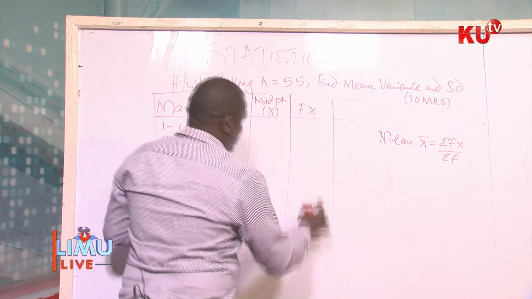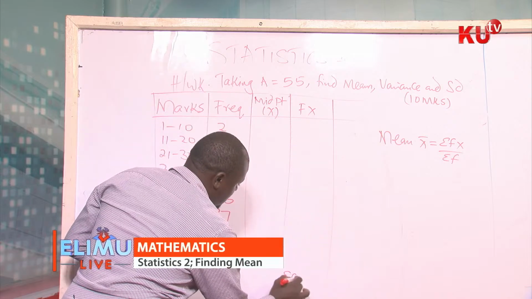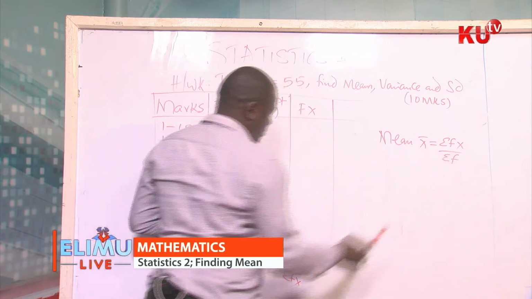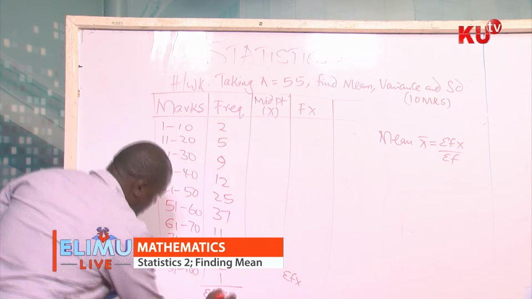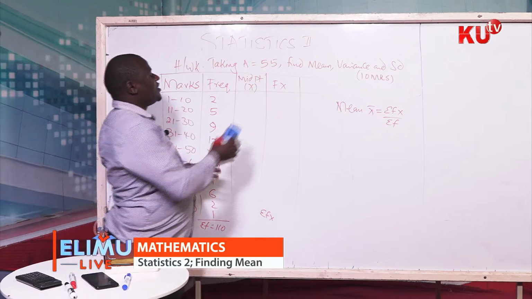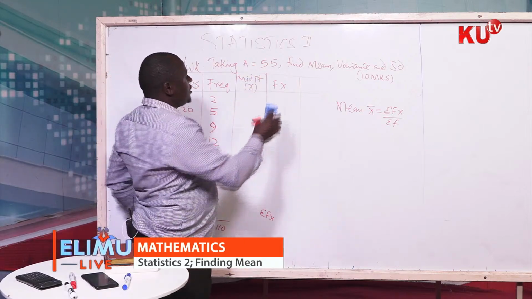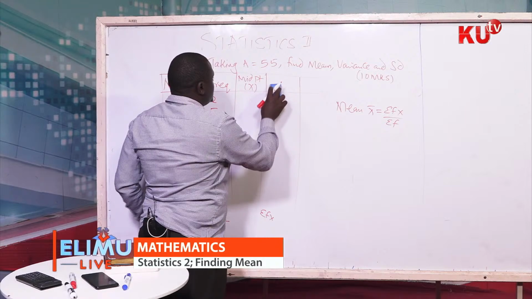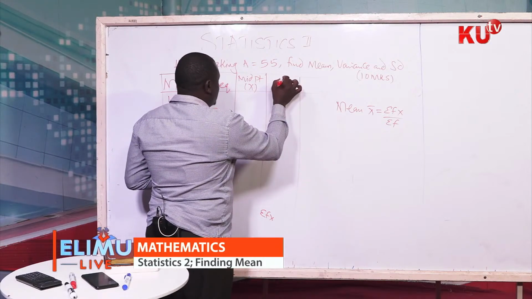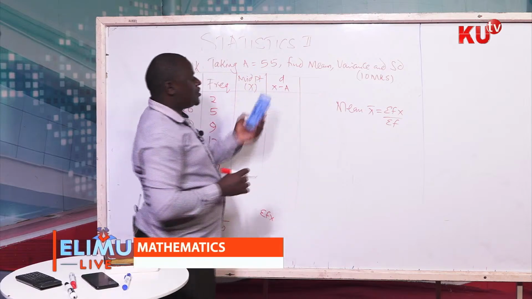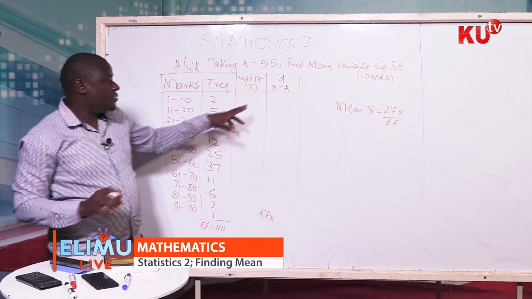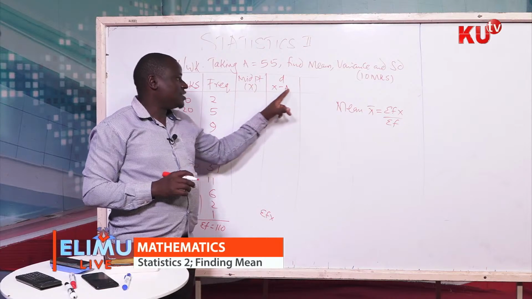Then summation of fx is here, and summation of f, which is 110, is what we have. But this is not the method we are discussing today. We want to look at mean using assumed mean. That's why I'm saying the deviation column is important, and it is given by midpoint minus assumed mean.